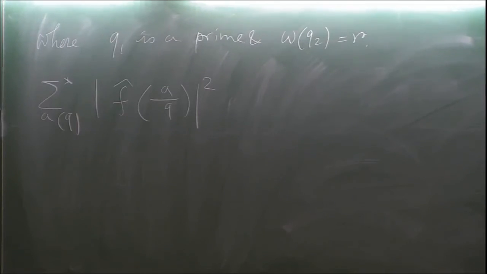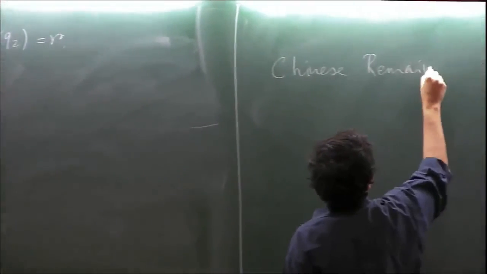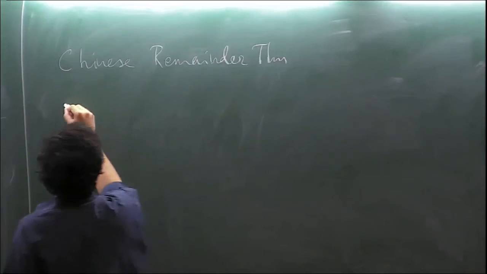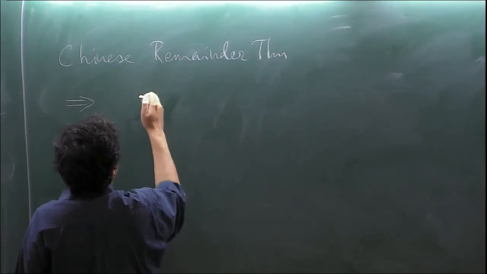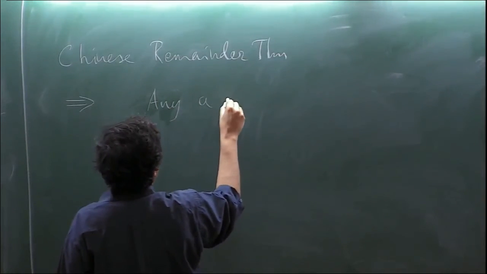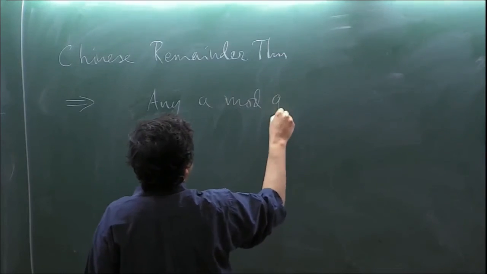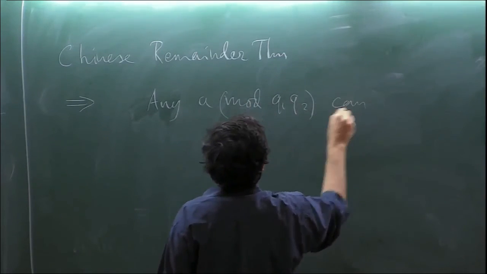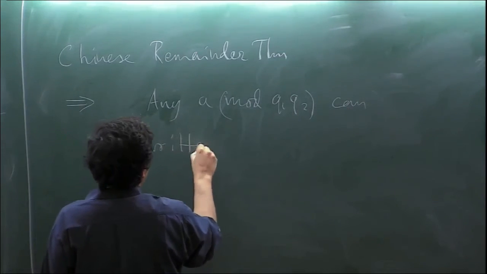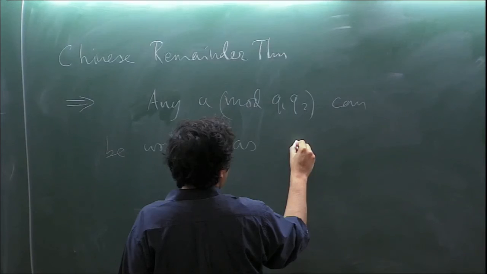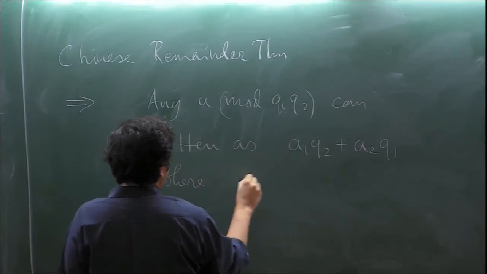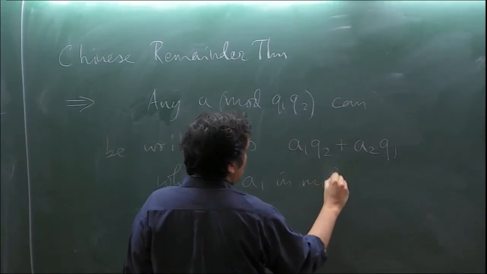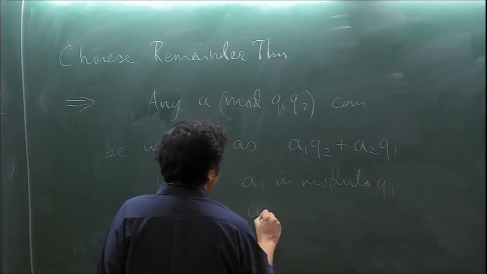I use the Chinese remainder theorem, so that implies that any residue class A mod Q, mod Q1 Q2, can be written as A1 Q2 plus A2 Q1, where A1 is modulo Q1 and A2 is modulo Q2.